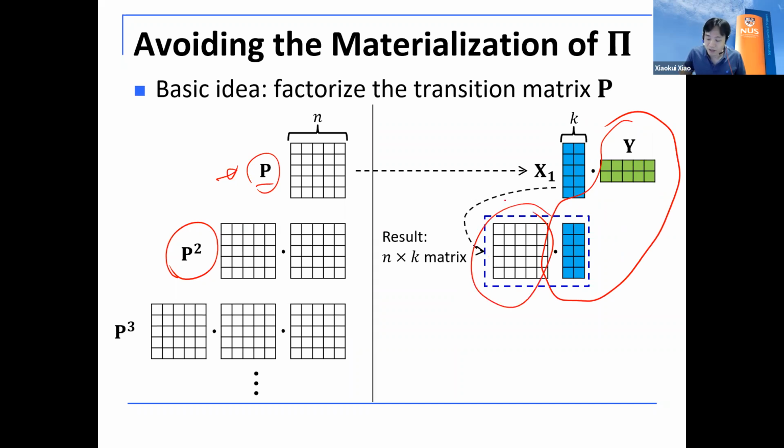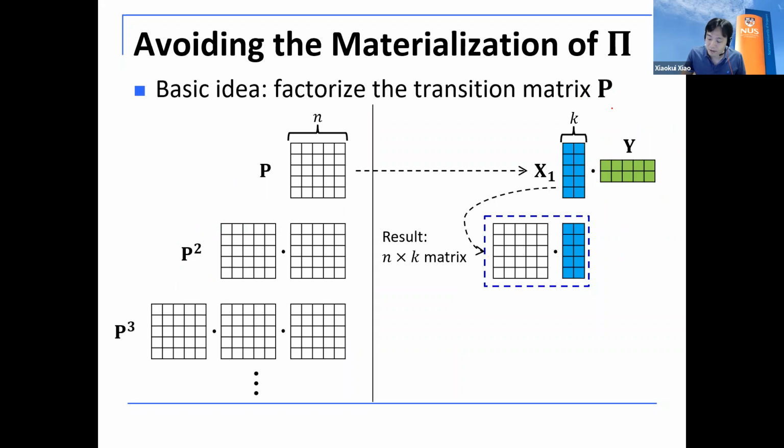So if you multiply P on the left-hand side, then you have the second power of P. In other words, by utilizing the initial factorization of P, we can obtain a factorization of P to the power of 2 without materializing P to the power of 2.